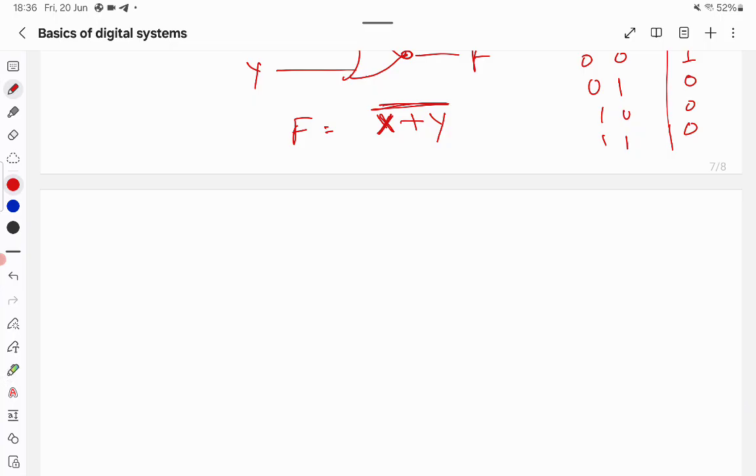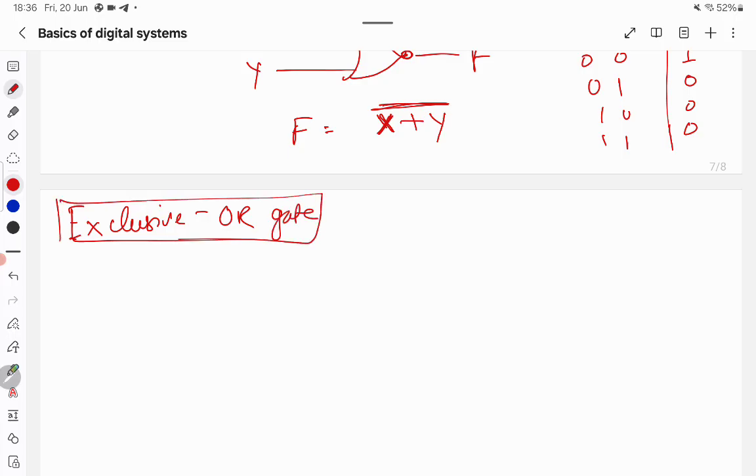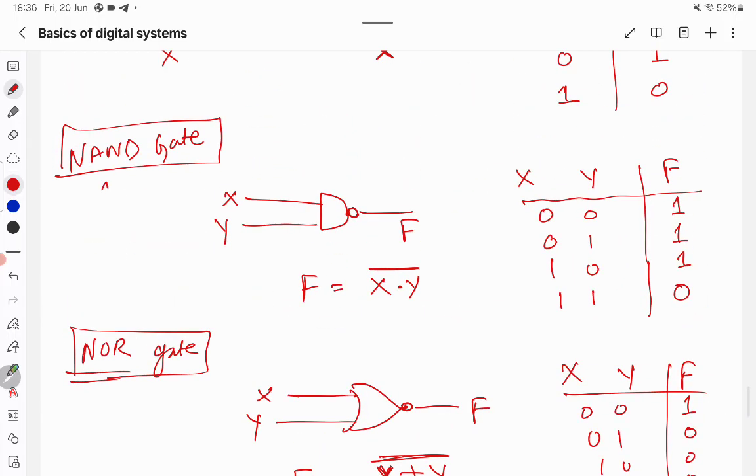If we move to the next gate, which is the exclusive OR gate. Let me tell you one thing before that. These both, NAND and NOR, are called the universal gates.